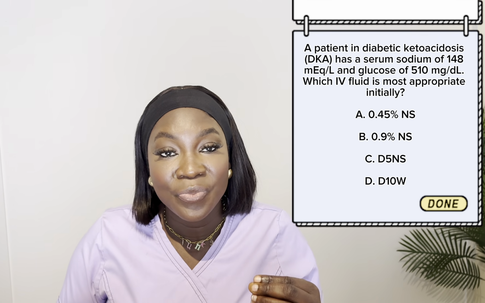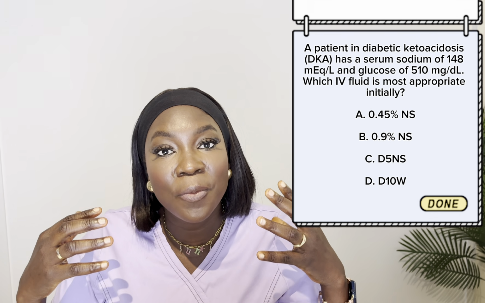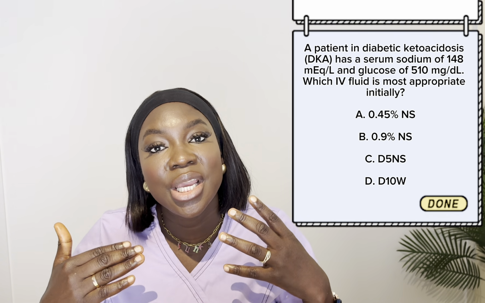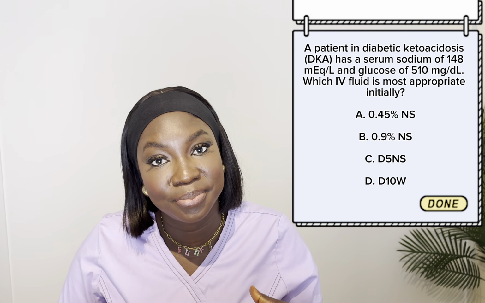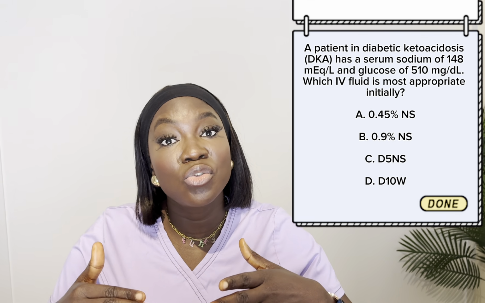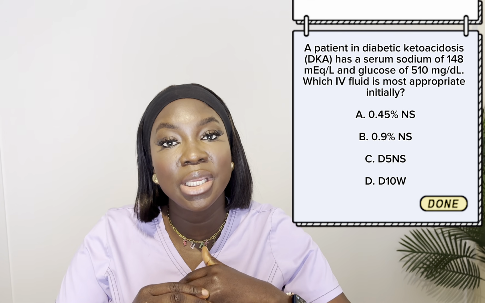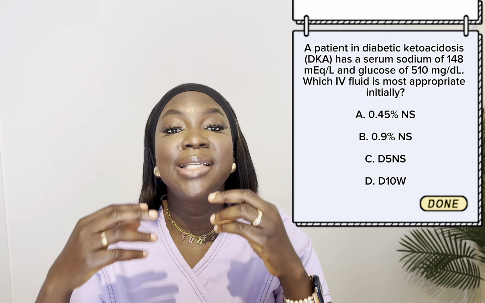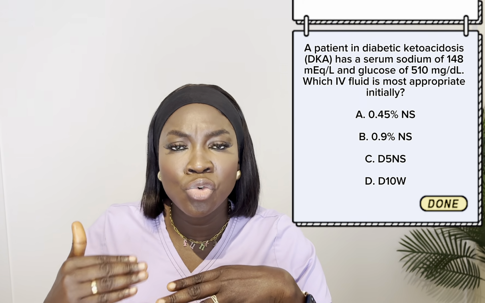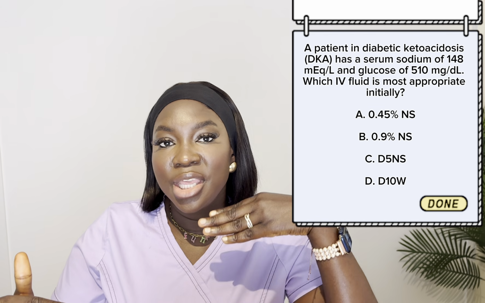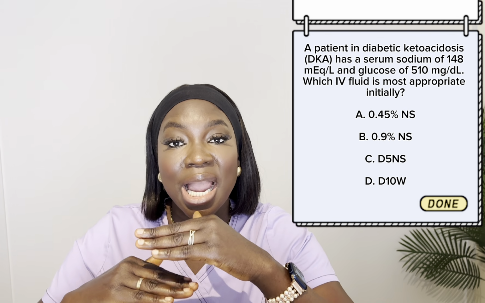No, this should not be your initial fluid, because we are trying to bring down the blood glucose and correct the circulatory volume. It's insulin that will bring down the hyperglycemia, right? Then later on, when the blood glucose drops to around 250, you can add dextrose, because the insulin is still going on, and this will help to prevent hypoglycemia.